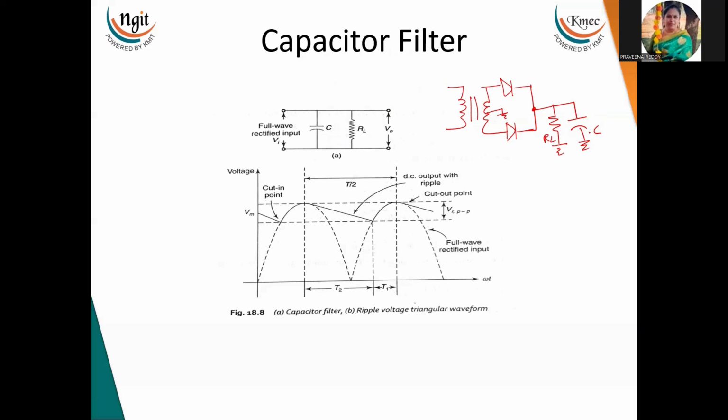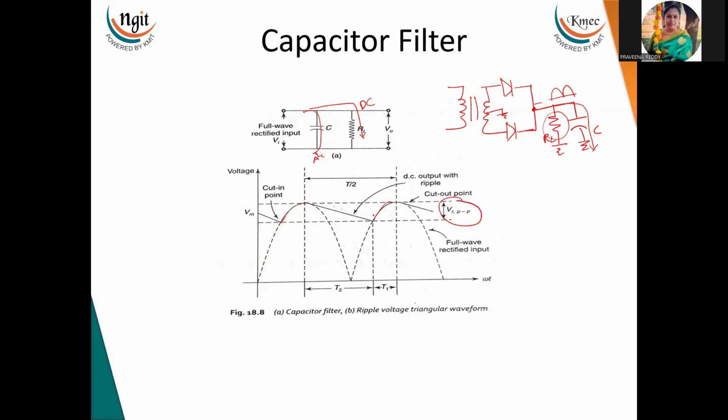The capacitor allows the AC component, so whatever AC component is there will be grounded and only DC will be available across the load. Instead of the rectified waveform, after the capacitor it looks almost like a straight line, but still some ripple is there, called the VR peak to peak.